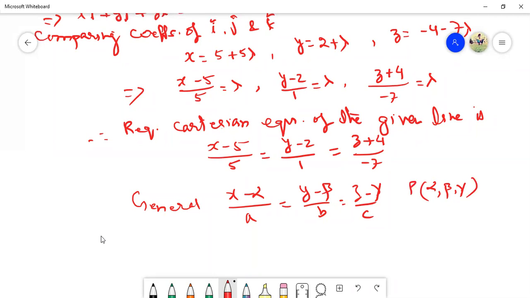Any point on the line will be A lambda plus alpha, B lambda plus beta and C lambda plus gamma.